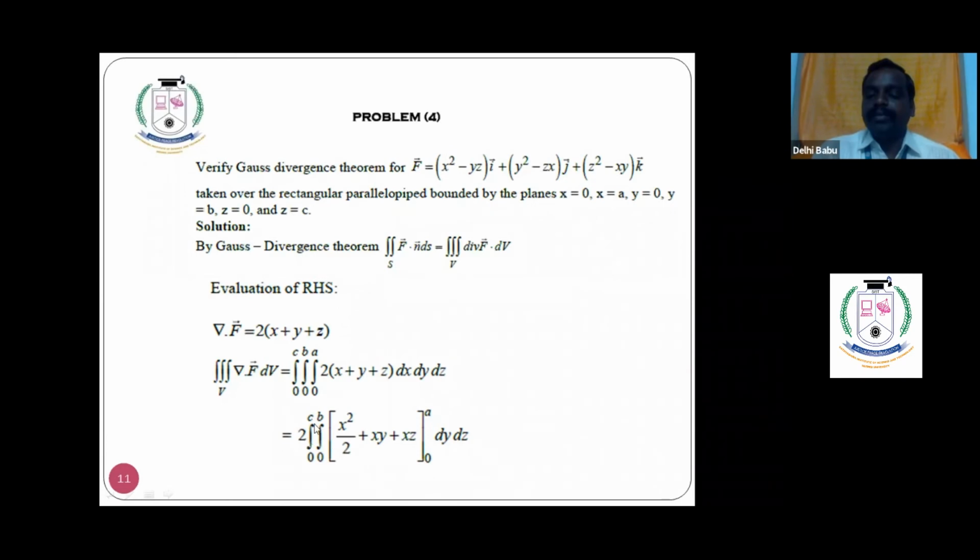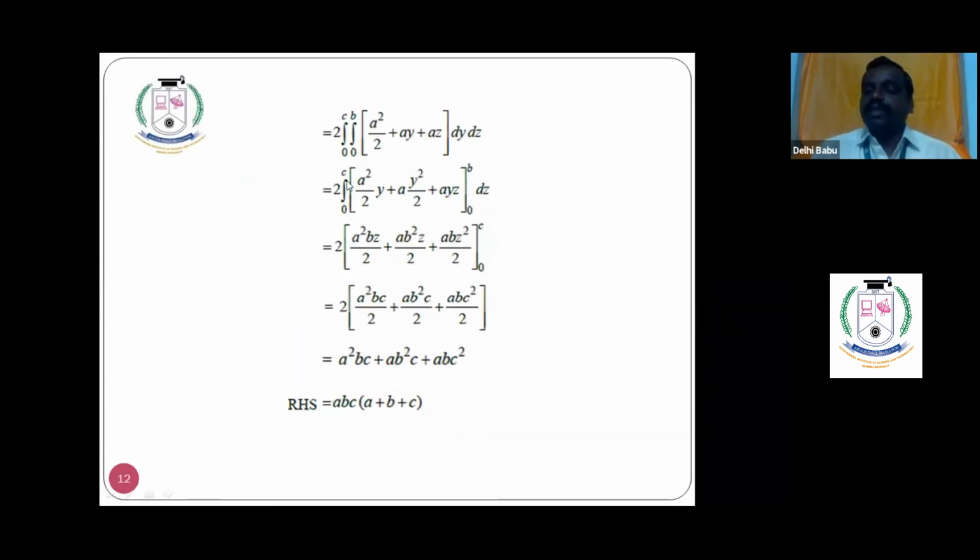So we have 2 into the double integral, z from 0 to c, y from 0 to b, of (a²/2 + ay + az) dy dz. See here, integrating with respect to y: a²/2 is constant, so we have only the integral of dy. For y dy, what is the integration? y²/2.